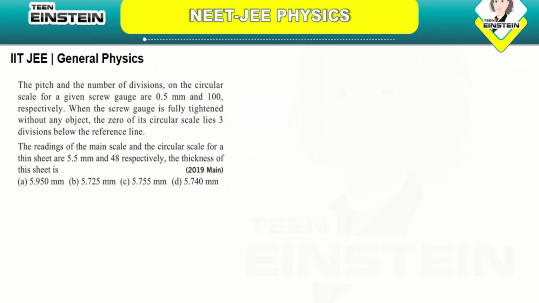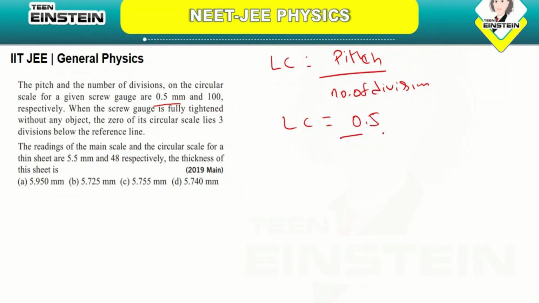So here the least count is given by pitch by number of divisions. The pitch is given as 0.5 mm and the number of divisions is 100. So it is 0.5 divided by 100, and the least count will be 5 into 10 power minus 3 millimeter.